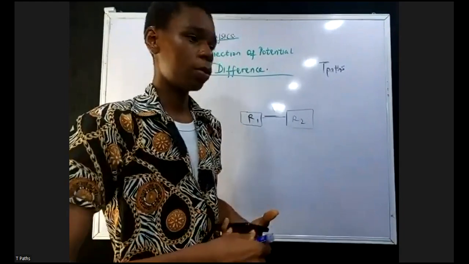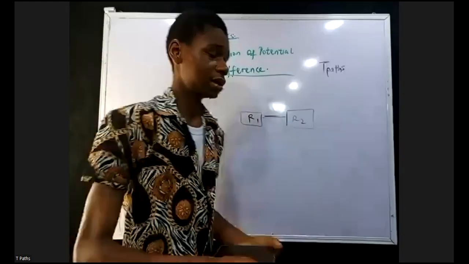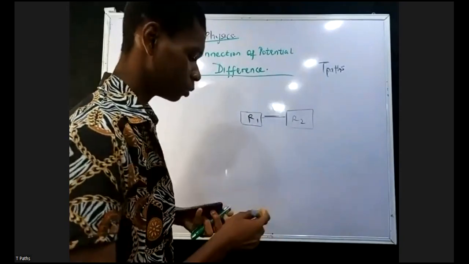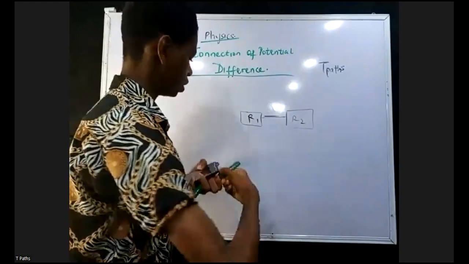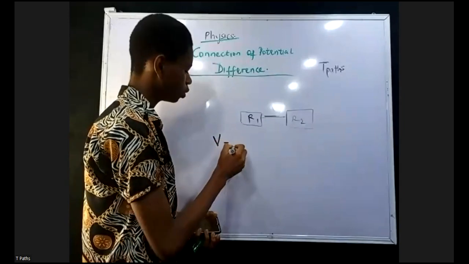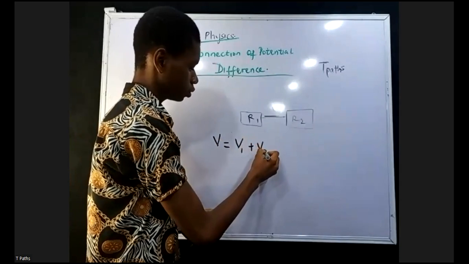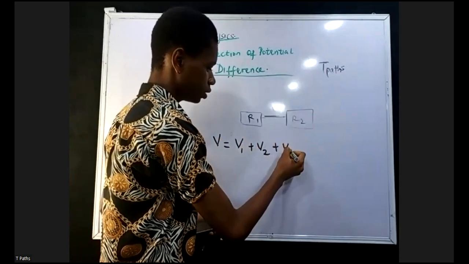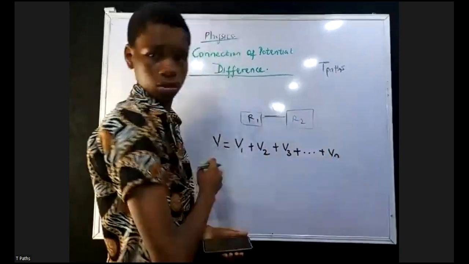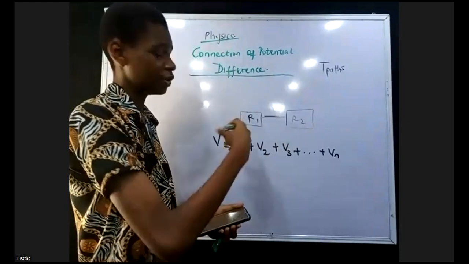So for connection in series, we calculate the net potential difference with the formula V, which is my overall potential difference, equals V1 plus V2 plus V3, and so on. You take the total number of individual potential differences in the circuit.